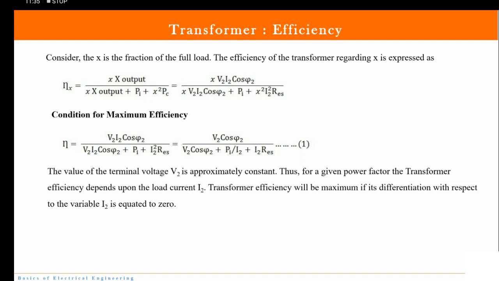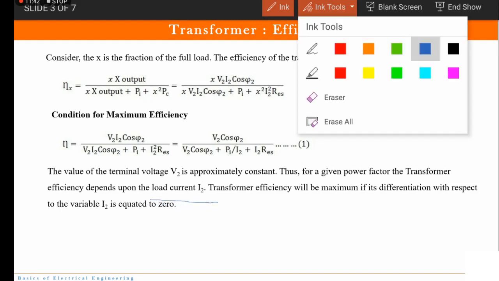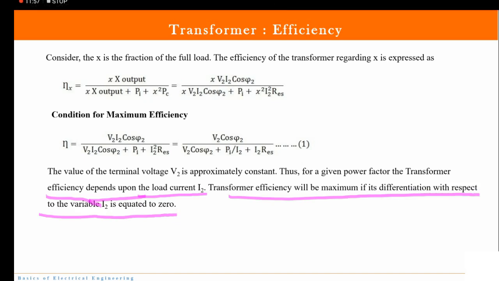So for a given power factor, transformer efficiency depends on the load current I2. Correct? So it is maximum when its differentiation with respect to I2 is equal to 0.